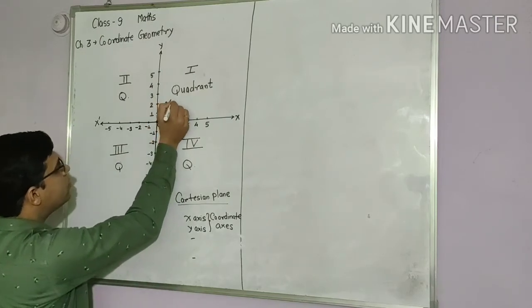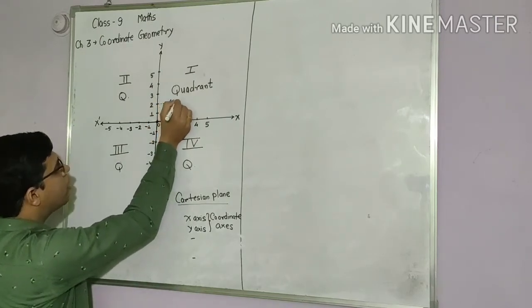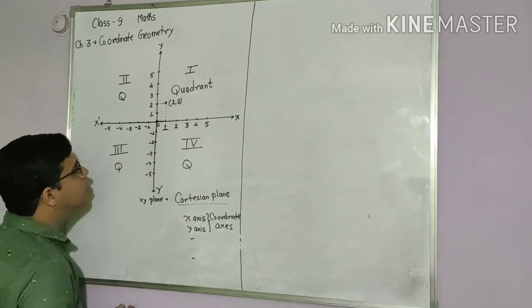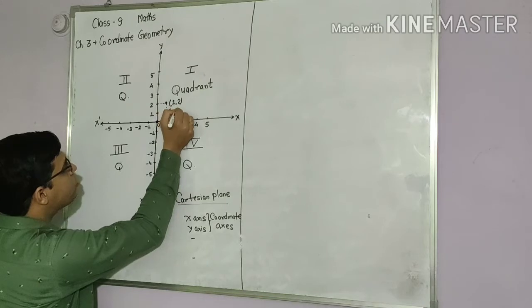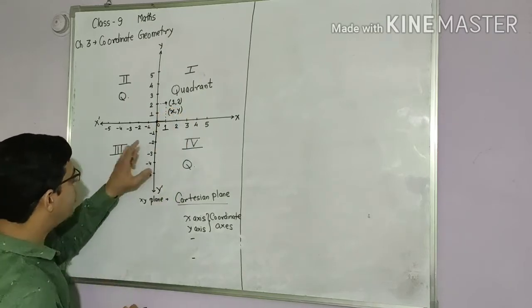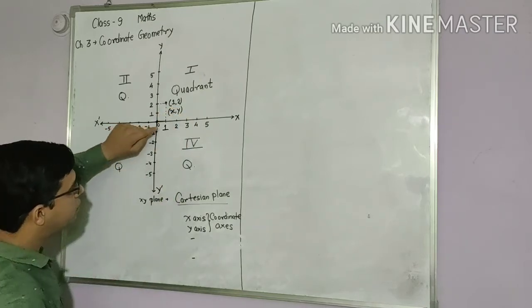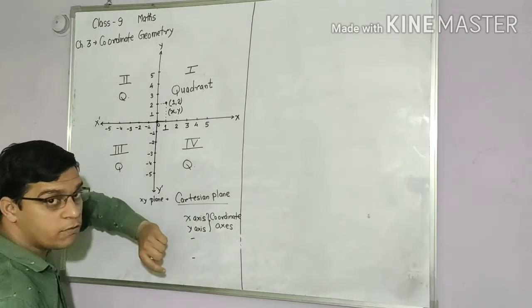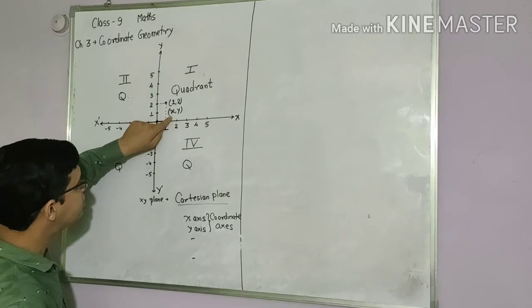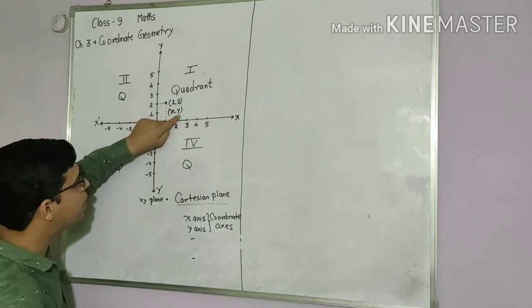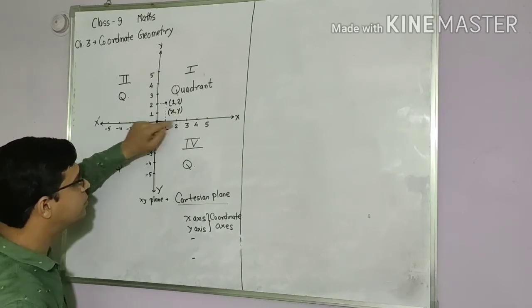So its location will be (1, 2). In general, it is written as (x, y). You have studied this in introduction to graph. x means x coordinate, y means y coordinate.